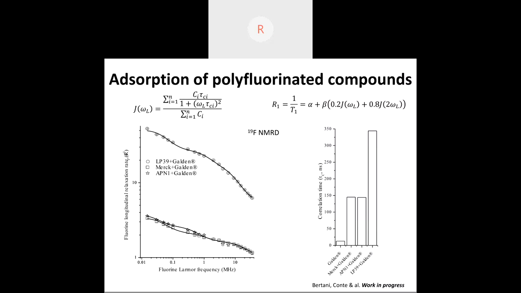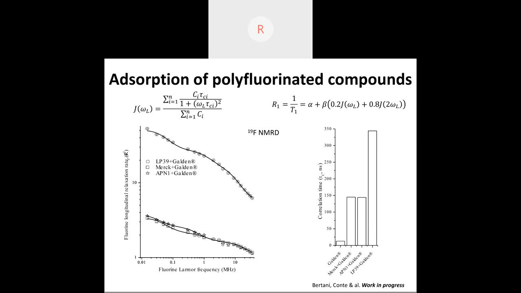From a qualitative point of view, we could explain this behavior by saying that LP39 is the biochar that shows the highest affinity for these fluorinated organic compounds, while the other two biochars show the same behavior when they are in contact with the fluorinated compound. And from a mathematical point of view, we also obtained the correlation times that, as you can see on the right side of this slide, confirmed the hypothesis that we have made.